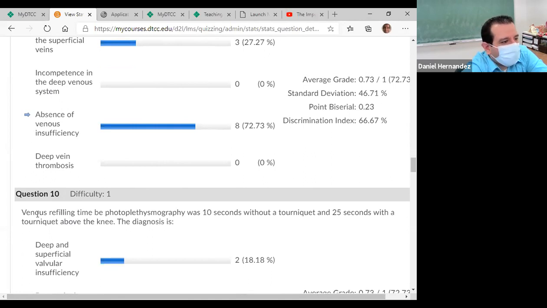I have bad wording. Venous refill time with plethysmography was 10 seconds without a tourniquet and 25 seconds with a tourniquet above the knee.